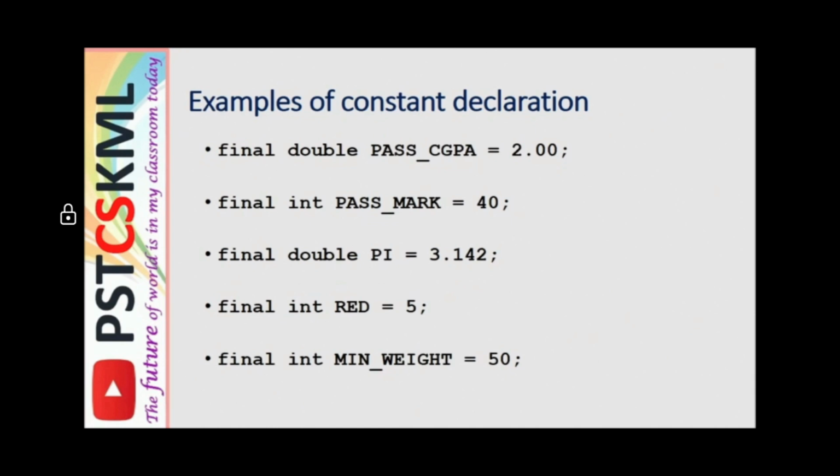The final keyword is a reserved word. We cannot reassign the value of the constant name, for example PI equal to 3.14, so the program will have an error.